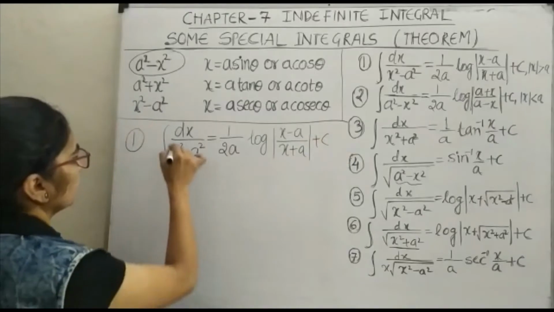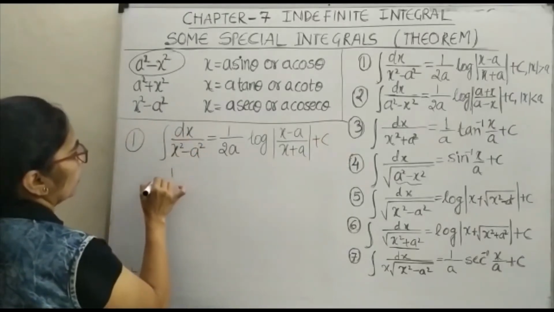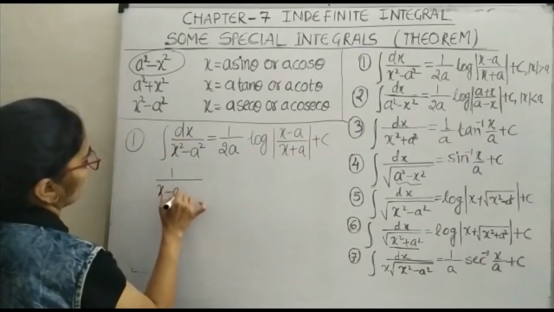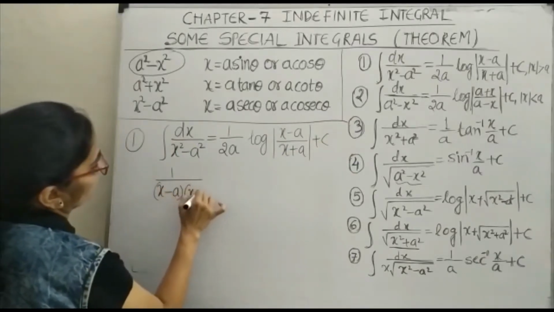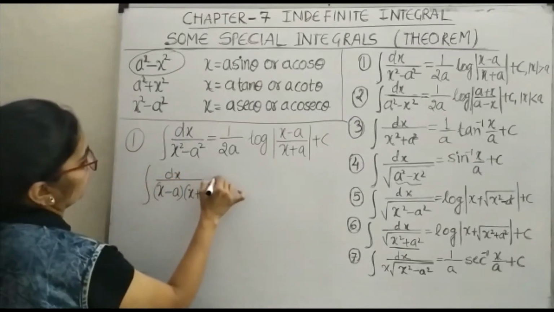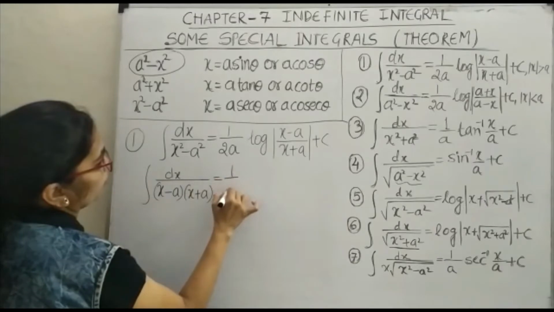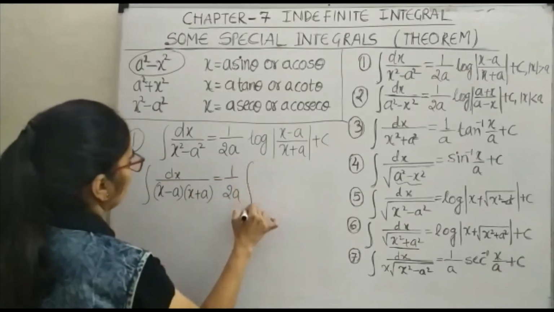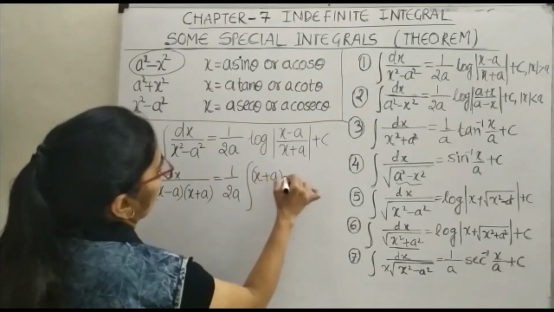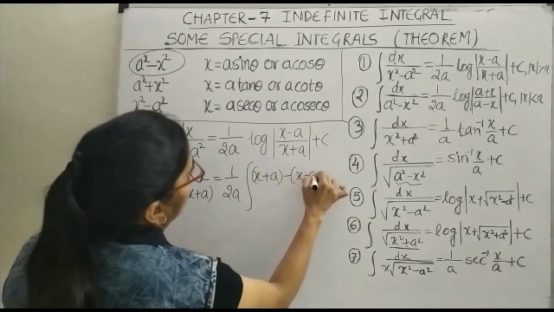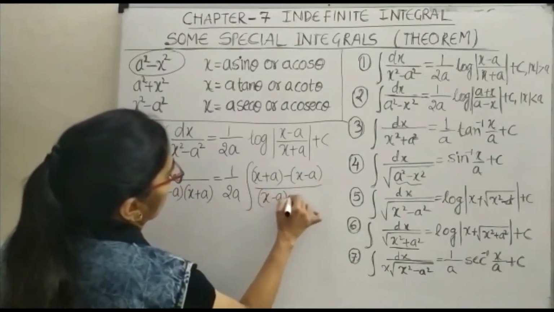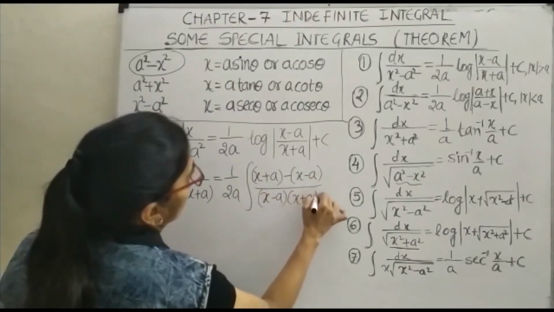Just see here, this term 1 upon x square minus a square, we can write as 1 upon x minus a times x plus a. This can be written as 1 upon 2a, x plus a minus x minus a upon x minus a times x plus a, dx.